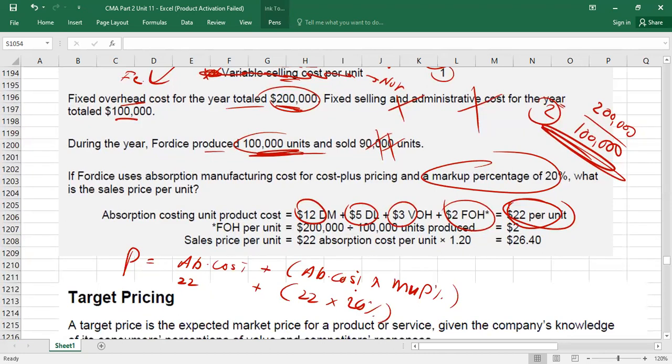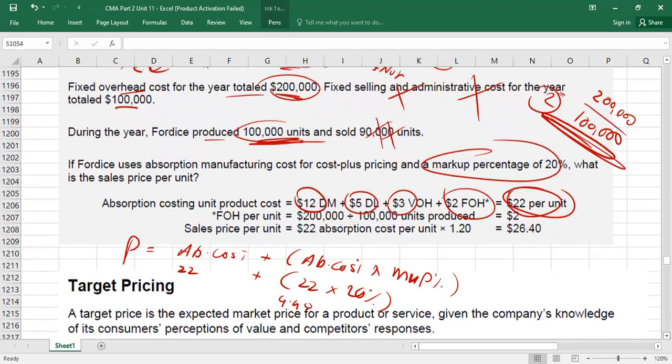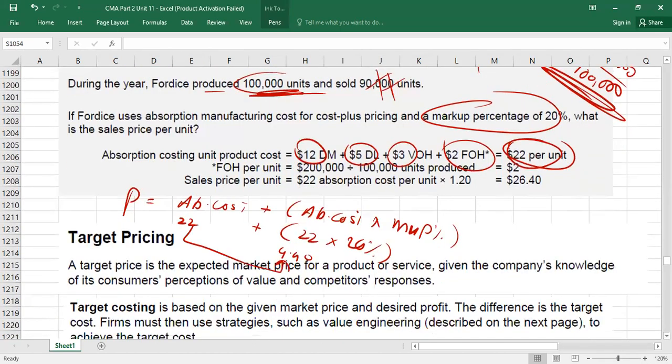If you take $22 into 20%, I hope it is going to be 4.40 something. Understood? So if you add this absorption cost plus this profit, 26.40 is going to be your price of the product. Understood? So this is, guys, cost-based pricing.